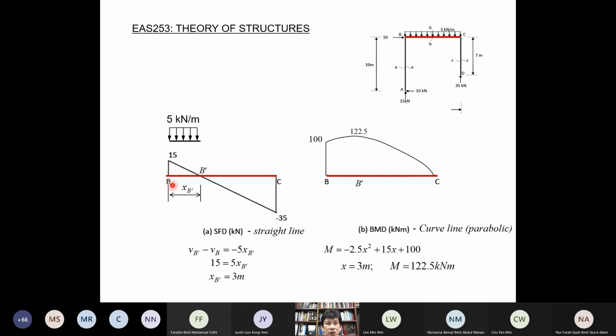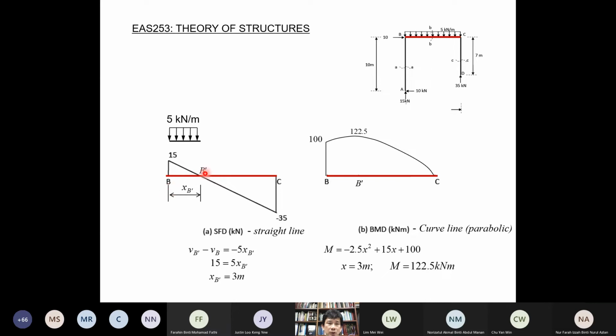Again, whenever we have zero shear, then we will encounter a maximum or a minimum point in the bending moment diagram, and we have to calculate that. To calculate that, we need to determine the location first. To determine the location, we treat it like a beam here, and we use the relationship between the loading diagram and the shear force at point B and point B prime.